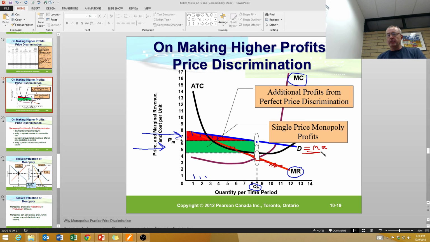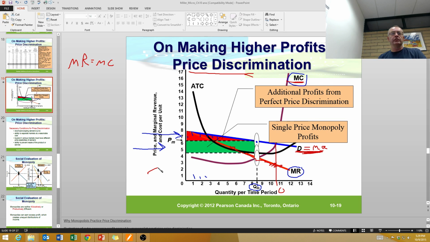In this diagram, unfortunately, it's not drawn quite the way I would like to see it, because even with price discrimination, the optimal level of output is the point where marginal revenue equals marginal cost. And that means in this diagram, if you're practicing perfect price discrimination, here's our marginal cost curve, here's our demand curve, which is our marginal revenue curve. The profit maximizing quantity using price discrimination is up here.